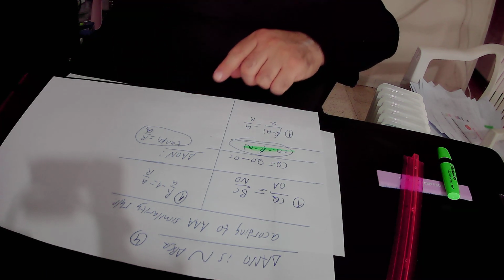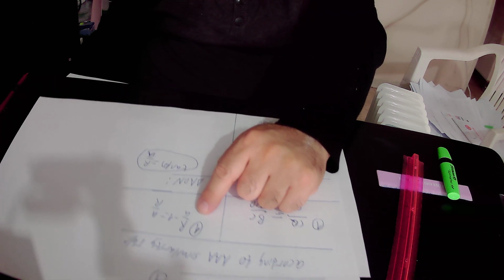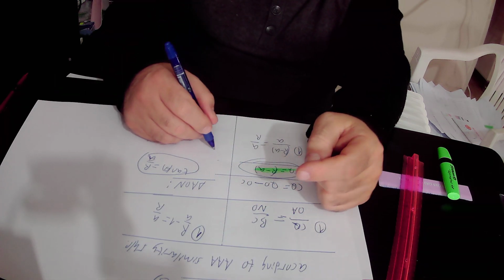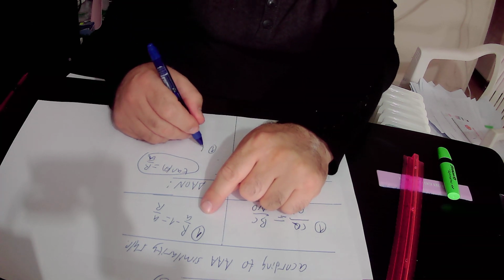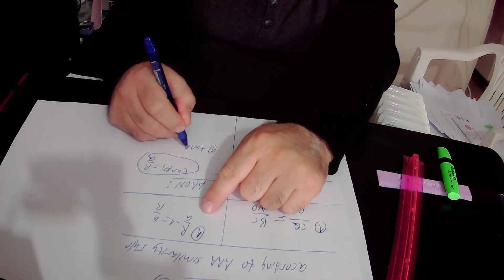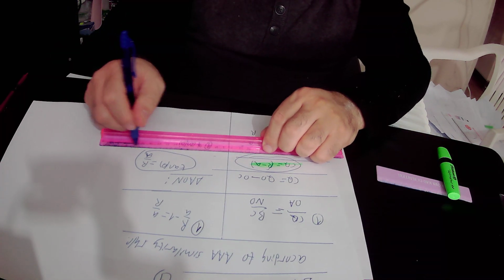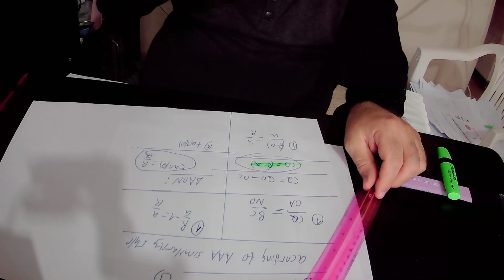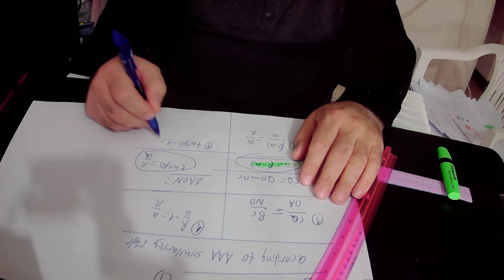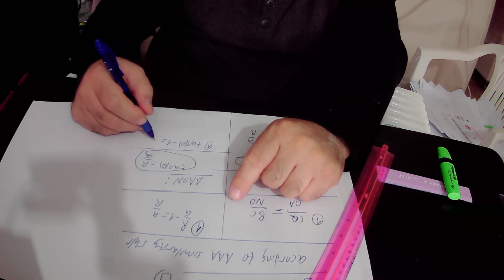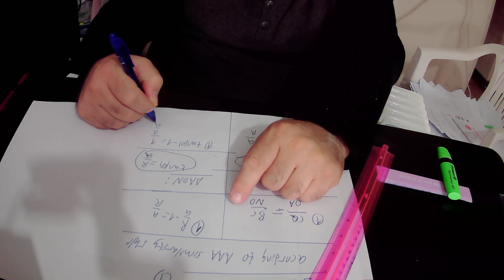Now we can substitute R over A in equation number 1 by tangent theta. We do it now and we get that according to equation number 1, R over A, which is tangent theta, minus 1 is equal to A over R, but A over R is 1 over (R over A).